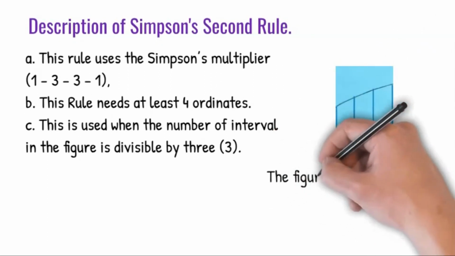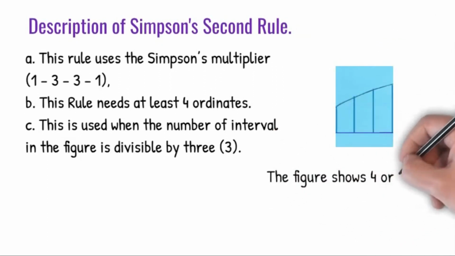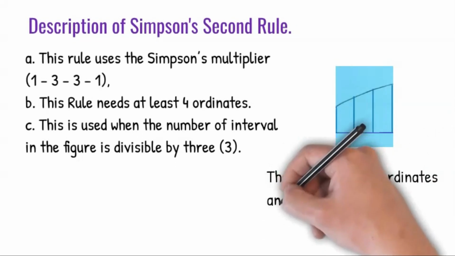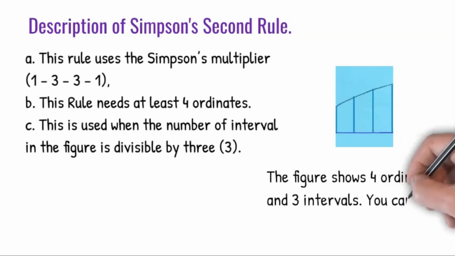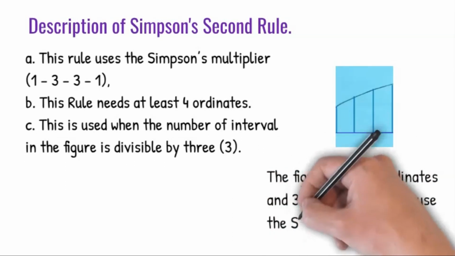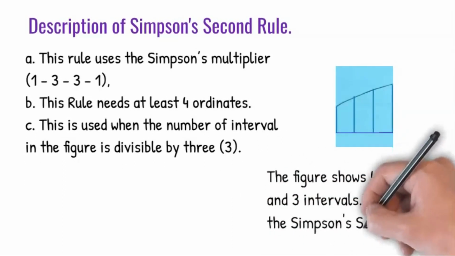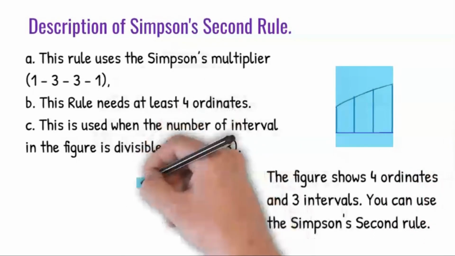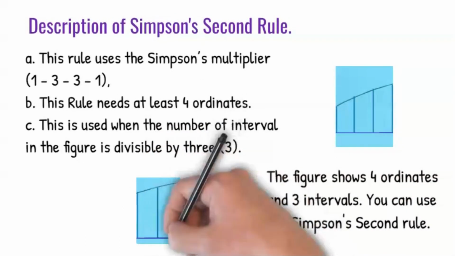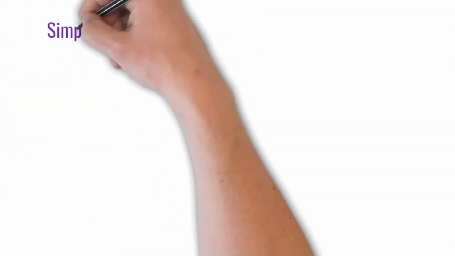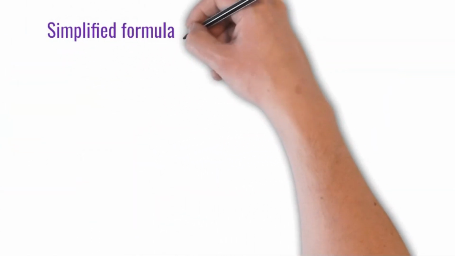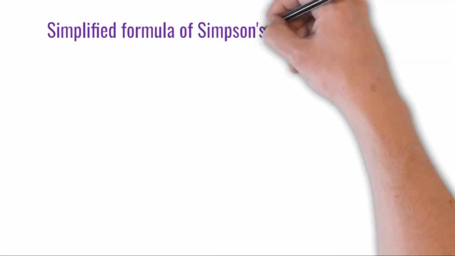The figure shows 4 ordinates and 3 intervals. You can use the Simpson's second rule. Simplified formula of Simpson's second rule.